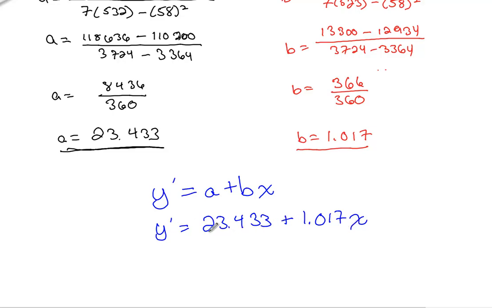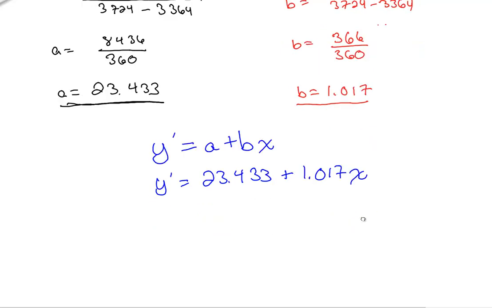This equation is used to make predictions now, because remember that our x value is the number of deaths under a tree. And so we can make predictions based on the number of deaths per tree for that particular year, how many other deaths there might have been. And that's the whole purpose of this equation, is to make those predictions.